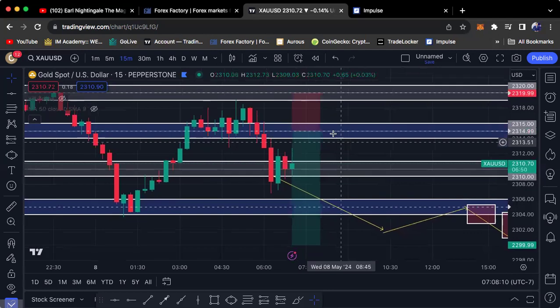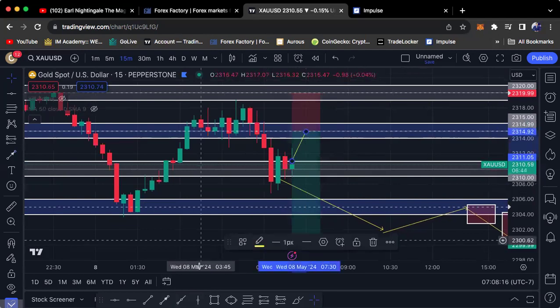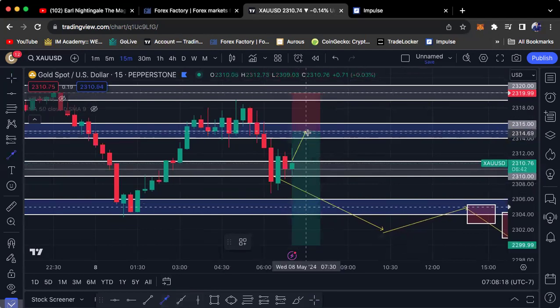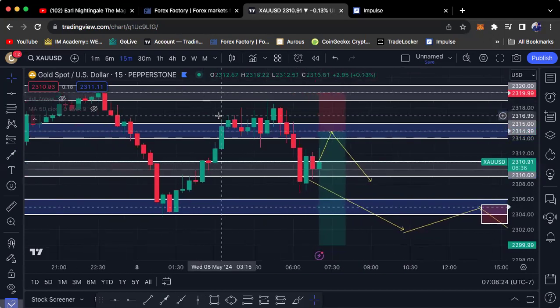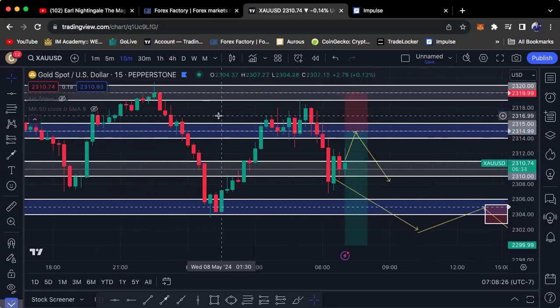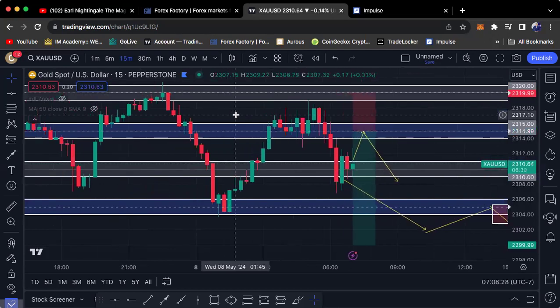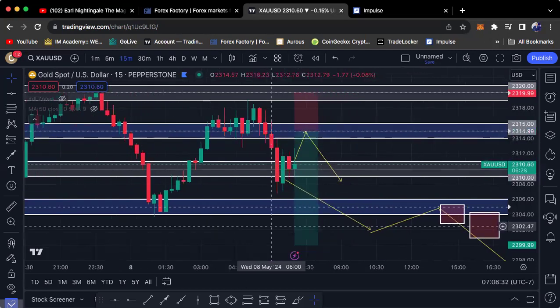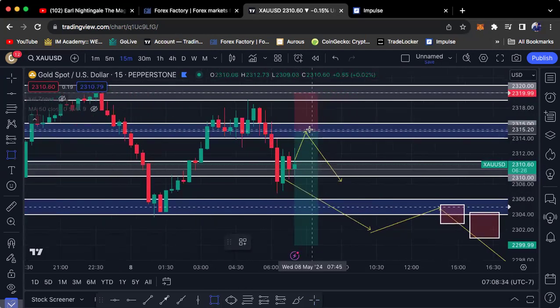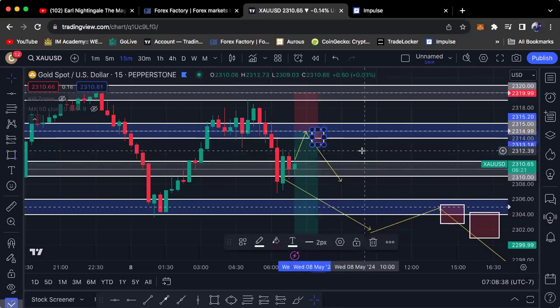So I'm either waiting for price to come here, right, and then down. That's another entry that I can take as well. If it gives me a bearish confirmation candle here, then I'm going to take it.